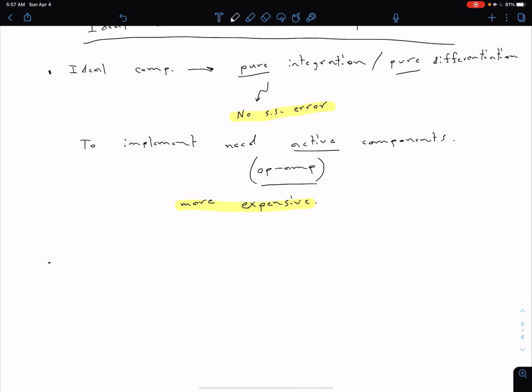So the second option then is, of course, our non-ideal compensators. And so instead of having these active components, we're going to see that these consist of only passive components.